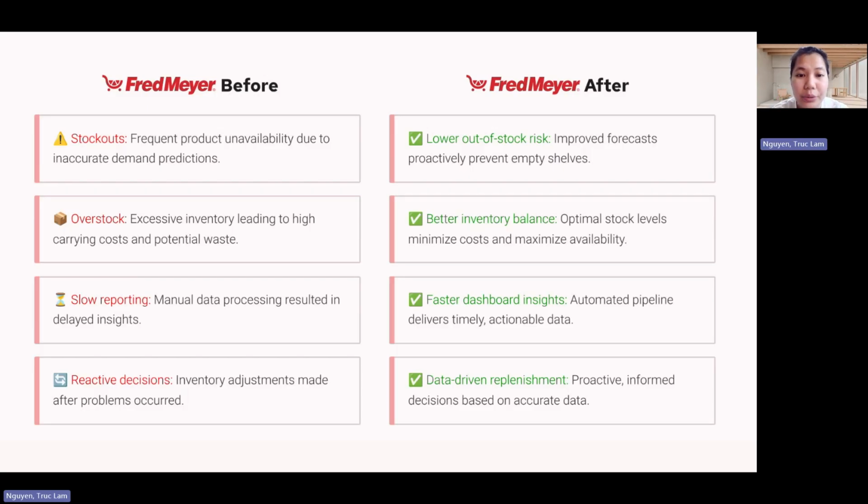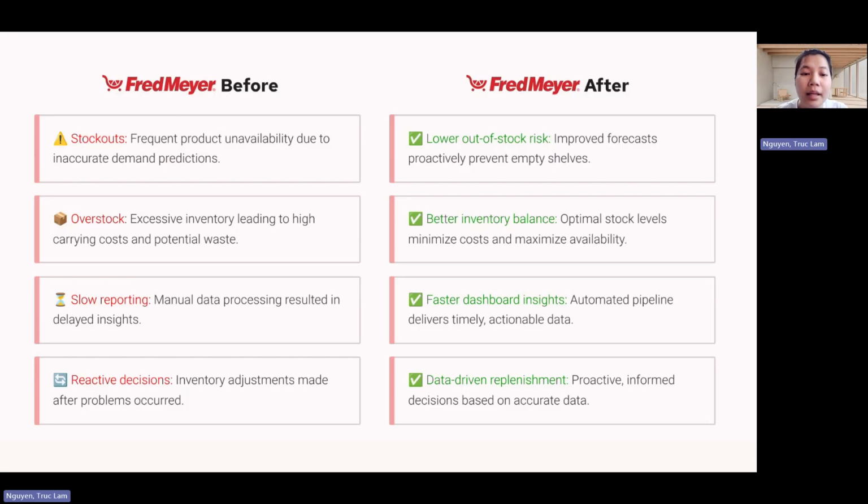With more accurate forecasting, Fred Meyer can reduce stock outs, which helps avoid lost sales and improves customer satisfaction. And it can also reduce excess inventory, which lowers storage cost and reduces waste, especially for grocery products. The pipeline can also help the supply chain team plan better because they can see demand patterns and reorder needs more clearly.